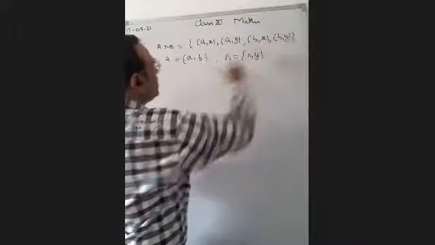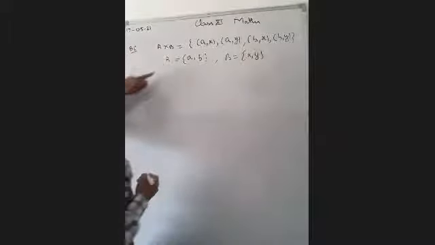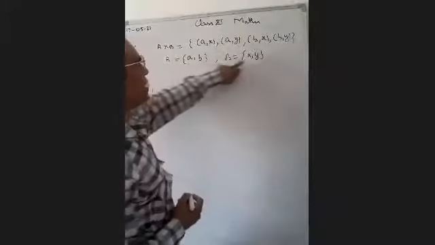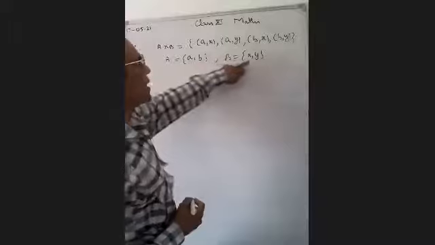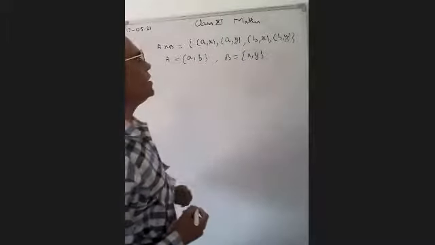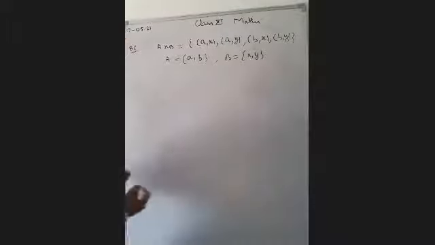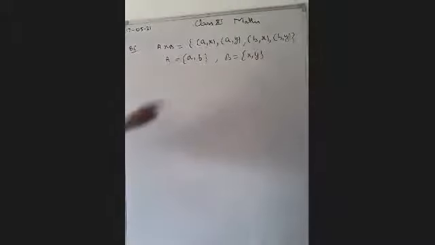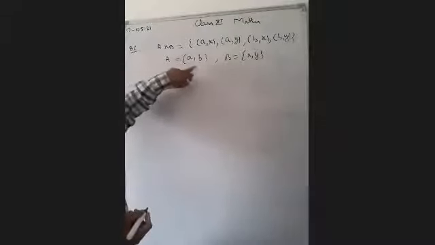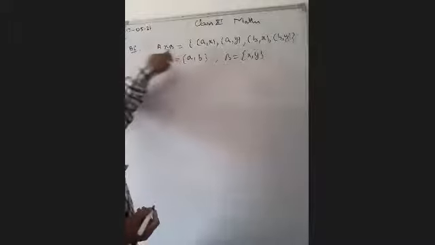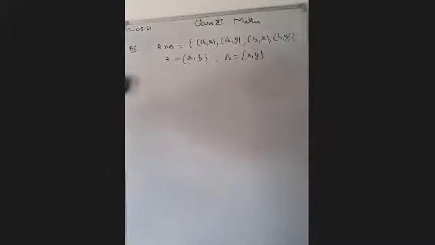If we find the value of A cross B, AY, BX or BY. ठीक है. This question we have to do conversely. Generally, in the beginning they have given you that we have to find out the value of A cross B. Now they have given you the value of A cross B. Then we have to find the value of set A and set B.